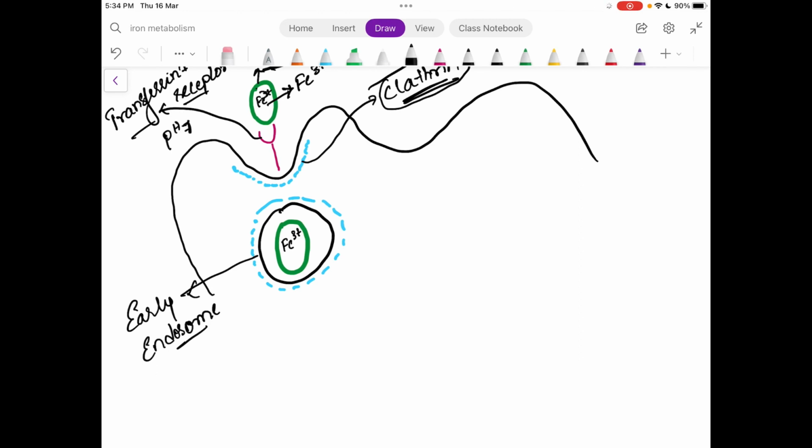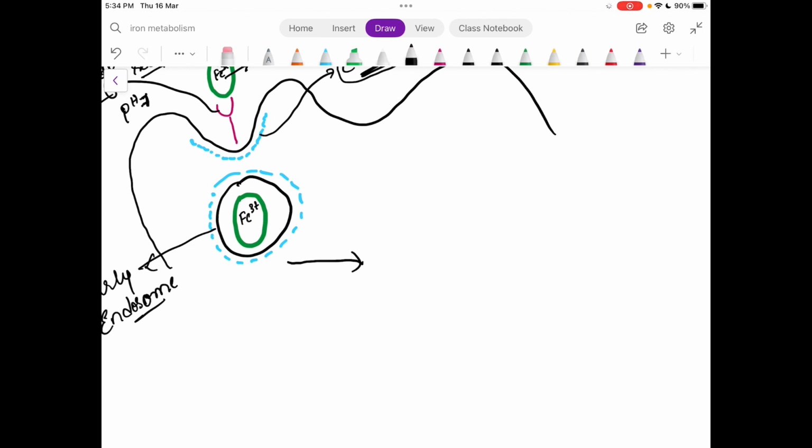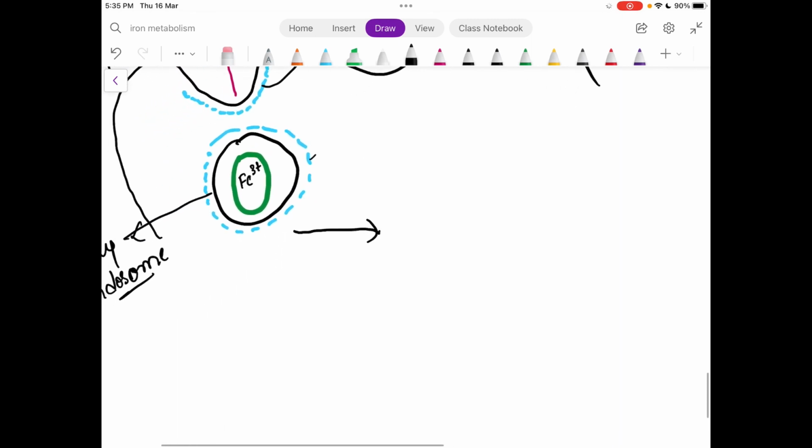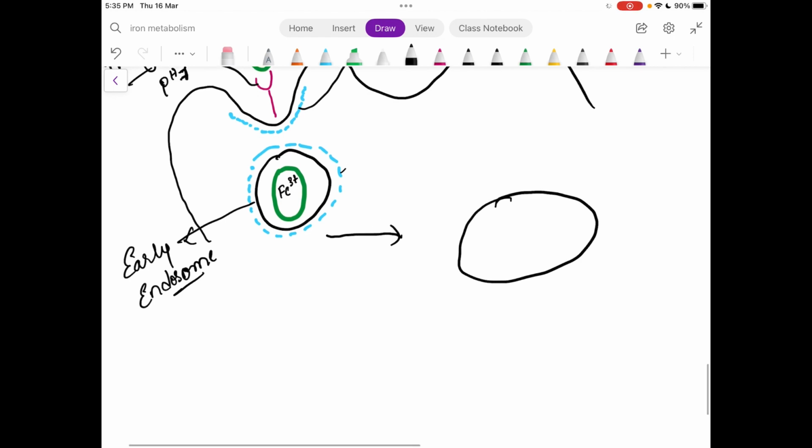Outside pH is 7, and gradually this early endosome is converted into late endosome. After this, the clathrin coat reaches the cell membrane, and it is ready to bind with the transferrin receptors. What happens in the late endosome?